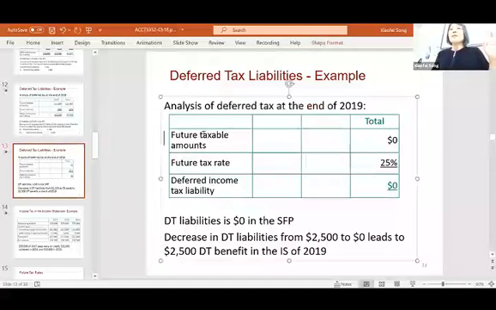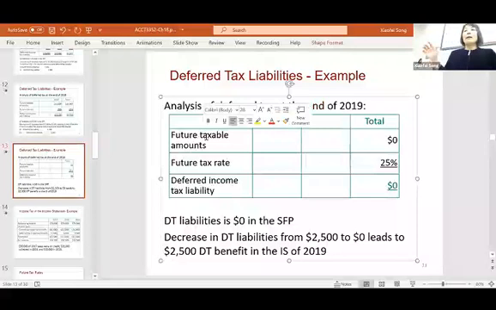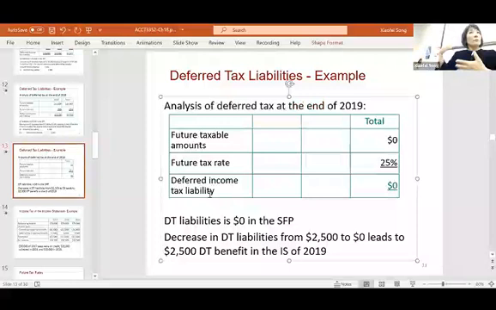So if we know it's a future taxable difference, then we know on the balance sheet there should be deferred tax liability. That's why that slide is really important, right? So now we know it should be 0 in the statement of financial position.